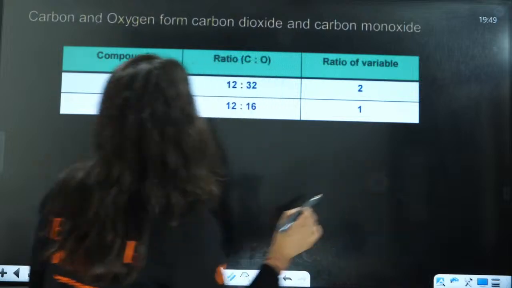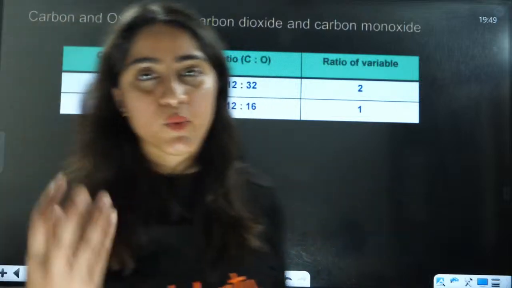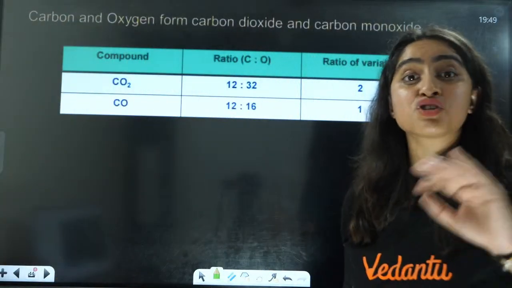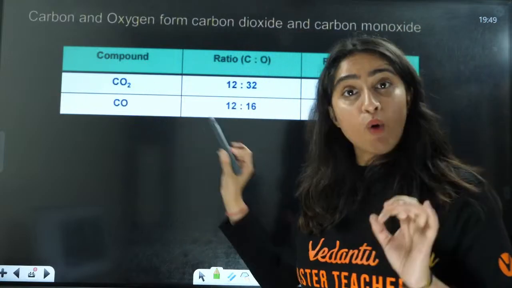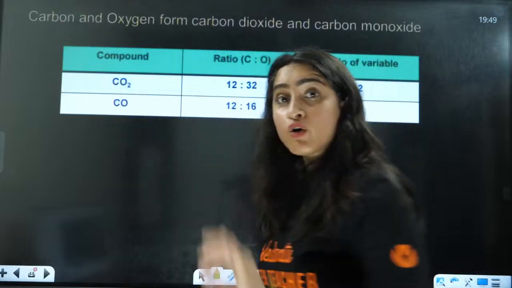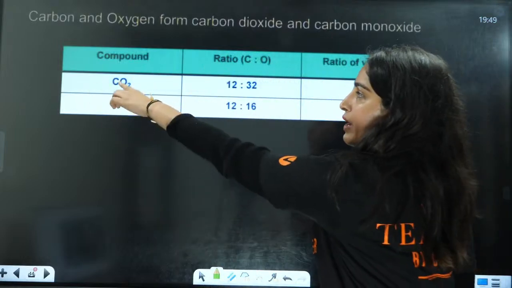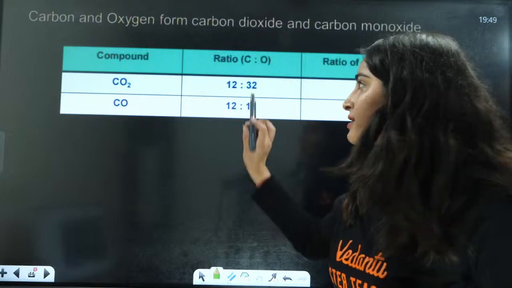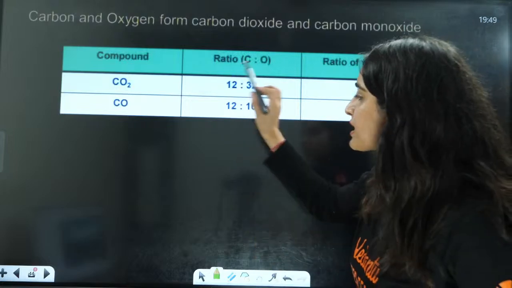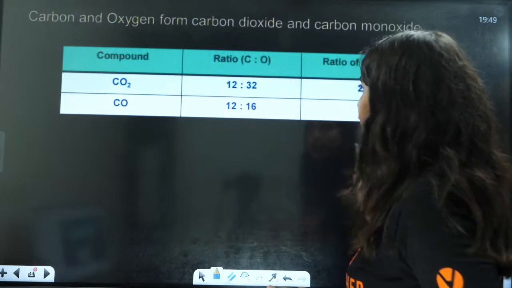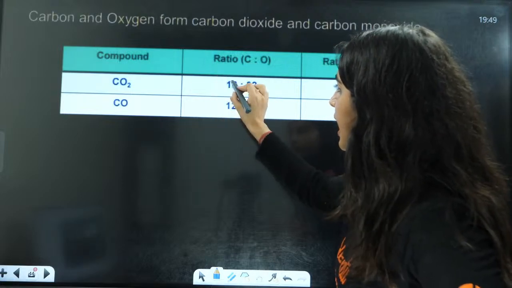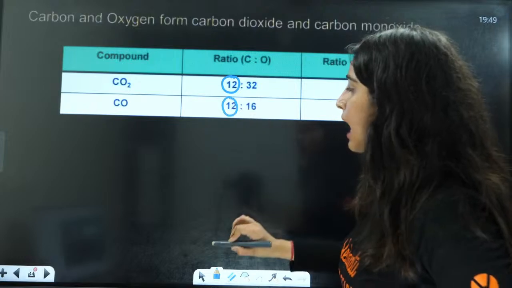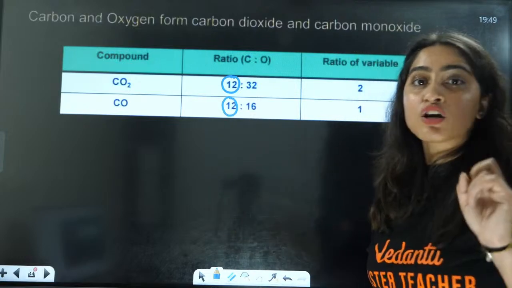Another example we have is carbon dioxide and carbon monoxide. Carbon and oxygen can combine together to form carbon dioxide and carbon monoxide. For carbon dioxide, we have 12 and 32, right? If we fix the mass of carbon here, we are left with oxygen here.